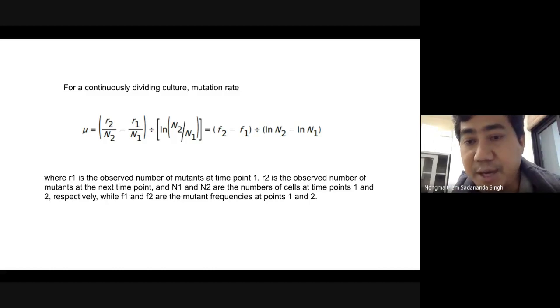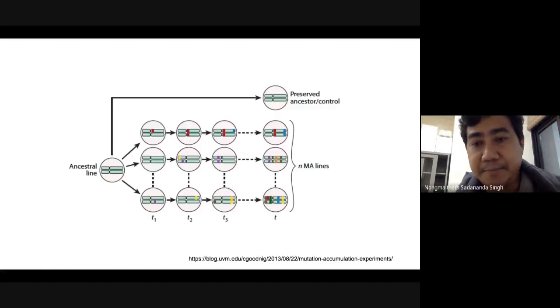All this can be found out using the experimental parameters you have. So in the case of accumulation frequency, what you're basically doing is allowing the mutations to accumulate after enough generations.